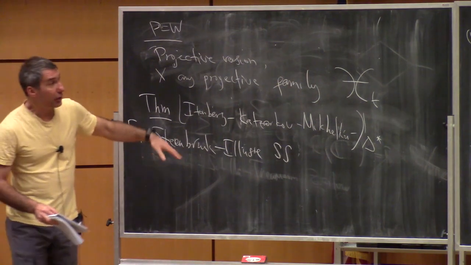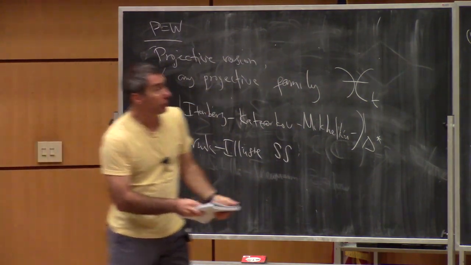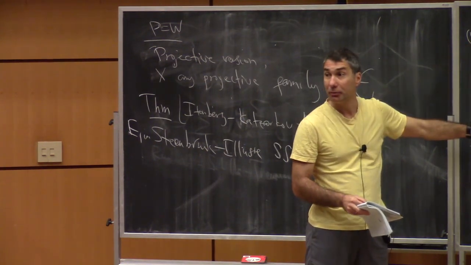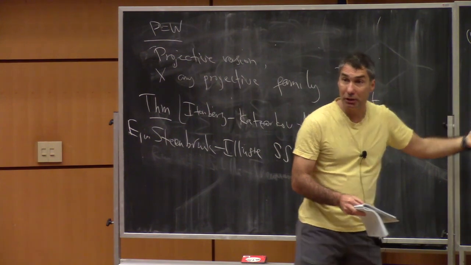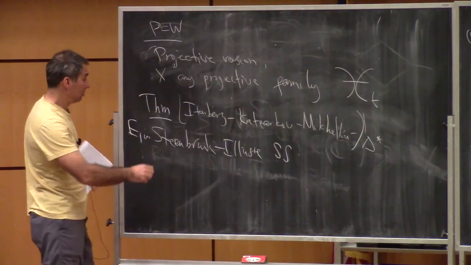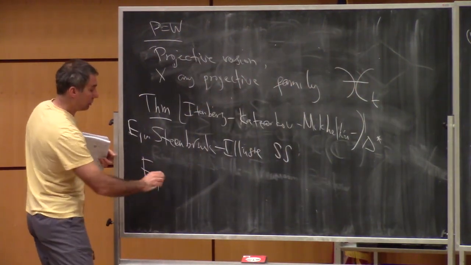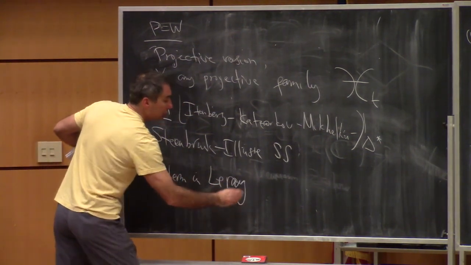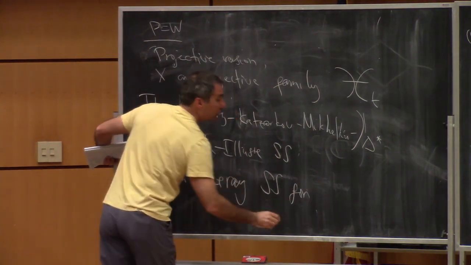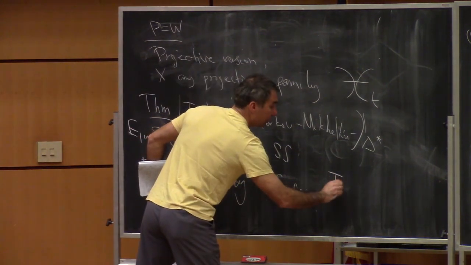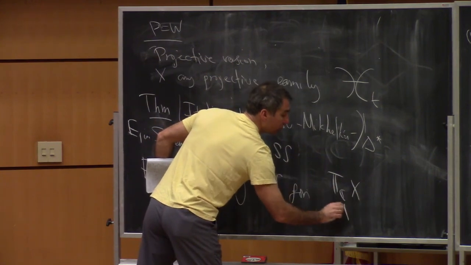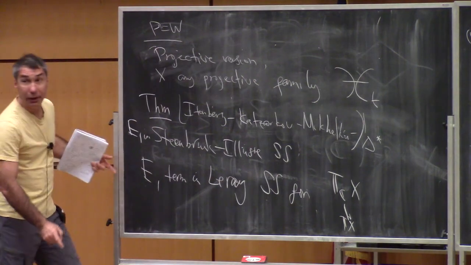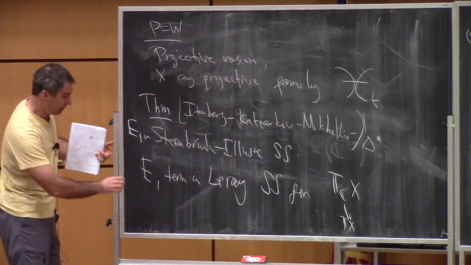On the other hand, you can take this obvious projection from the phase tropical variety to just the tropical variety. Then you can take the Leray spectral sequence and take the E1 term in the Leray spectral sequence for projecting phase tropical to just the tropical X. And I agree. Well, not quite. They're quasi-isomorphic.